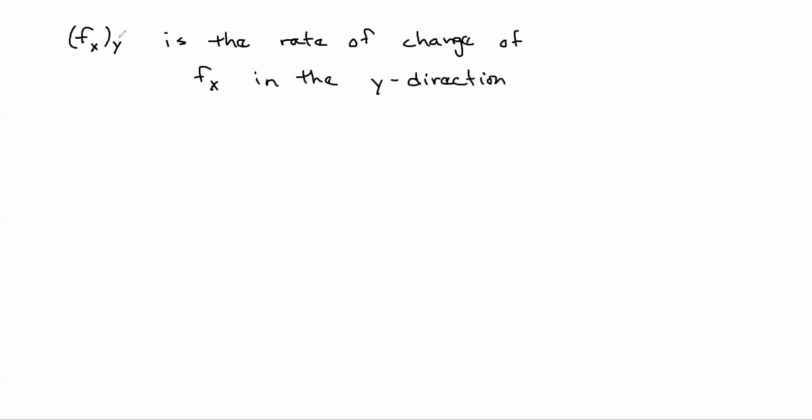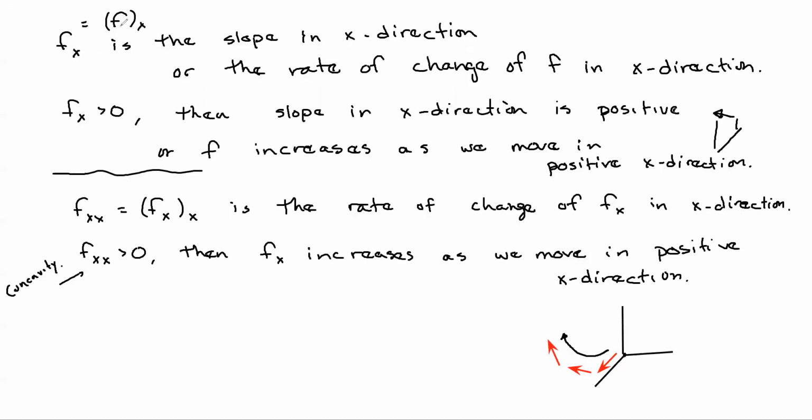This little subscript tells us what the direction is. If we go back to the first definition, this is the slope in the x direction, the rate of change of f in the x direction.